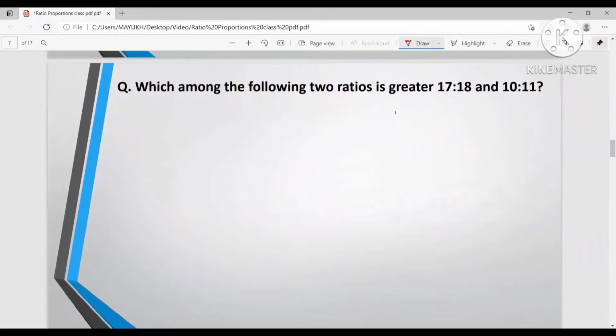That's good. A is to B, if we say 17 is to 18, and C is to D, if we say 10 is to 11. Correct. Now what I'll do is A into D and here B into C. So if I do it, I get 17 into 11 and 18 into 10.